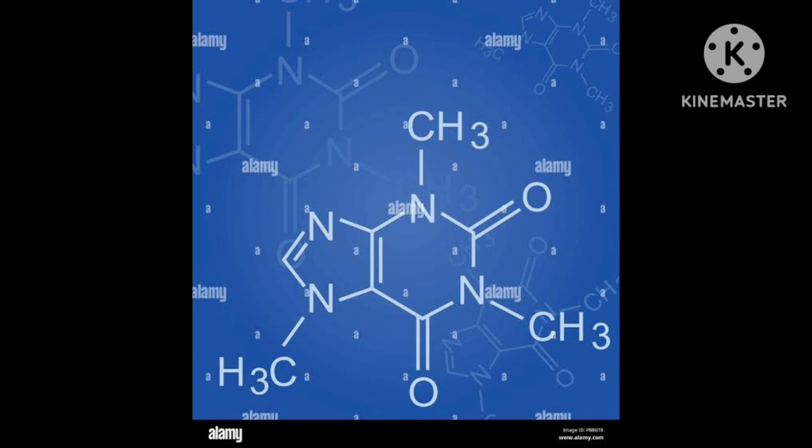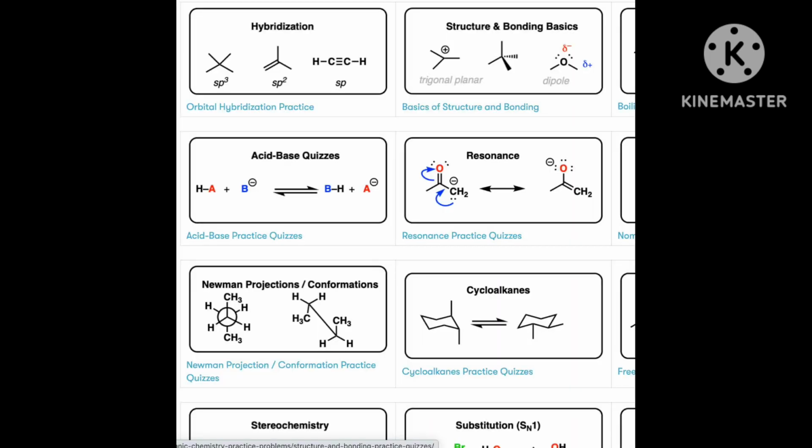And sp3, 3 p and 1 s, total 4, out of 4 only 1 s is there, then 25%. Like that way you have to understand what percentage of s is coming, that will have meaning.